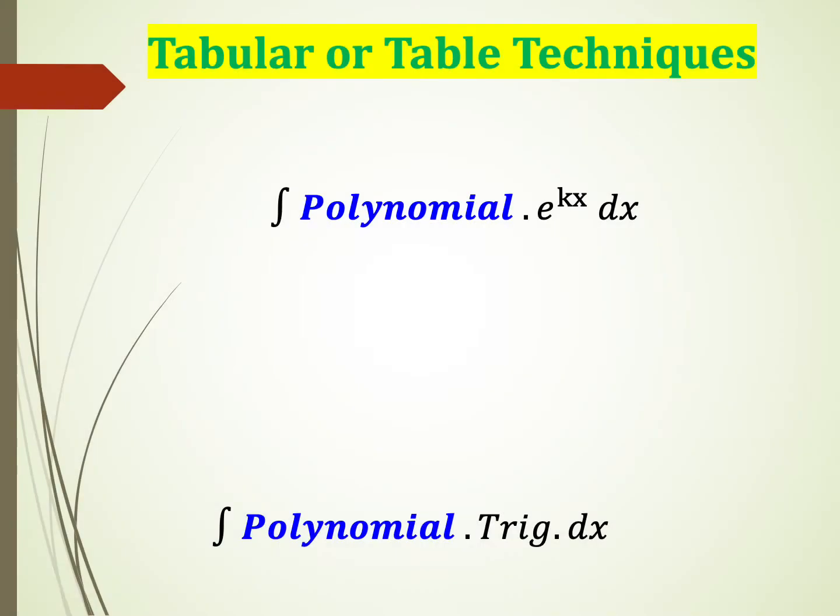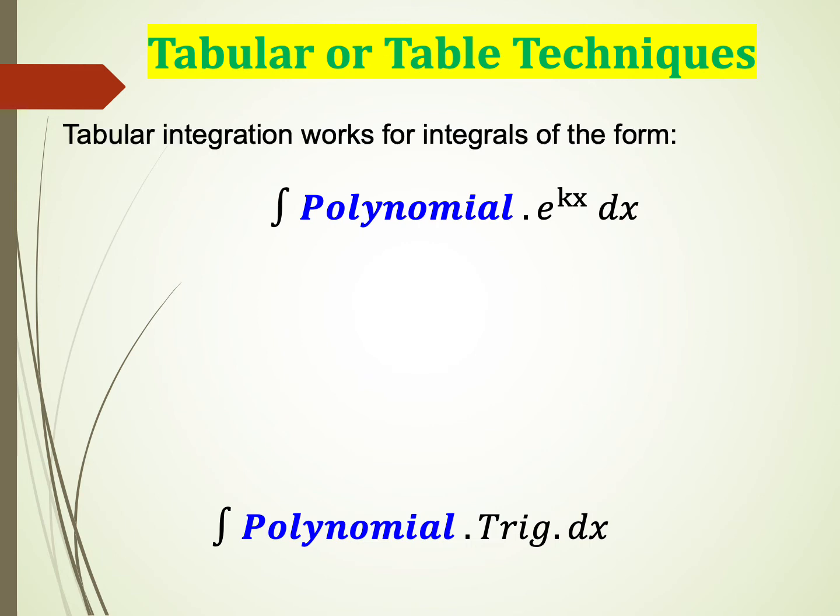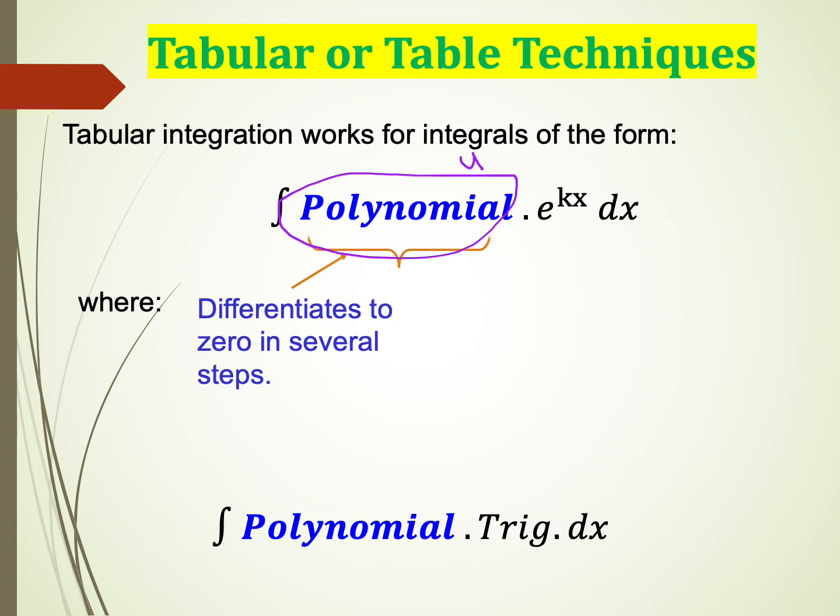Why is it important? First, if I have an exponential with a polynomial, the polynomial will be considered as u, and when I repeat the integration by parts, I need to find du, which is the derivative. And we know that the polynomial, after several times of differentiating, will become 0.